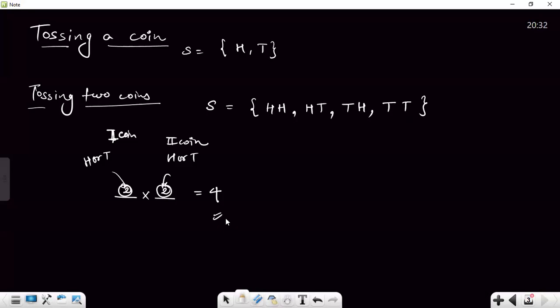So is this clear, everyone, how we are tossing two coins and making a sample space, basically a set of all the possible outcomes? Yes, sir. Great. So this is about tossing two coins.